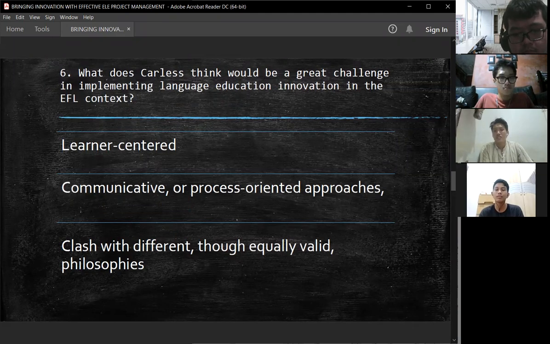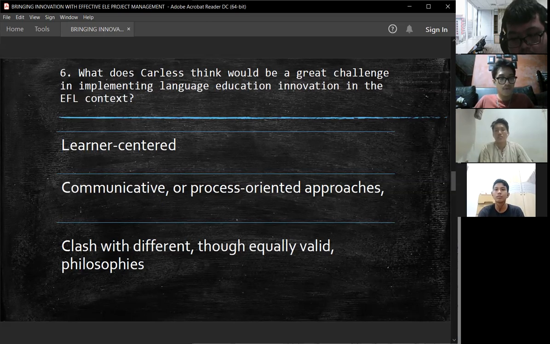The first is learner-centered, the second is communicative or process-oriented approaches, and the last one is clash with different, though equally valid, philosophies. Those are specific to the discipline. Particular issues in language education are contextual and cross-cultural considerations.